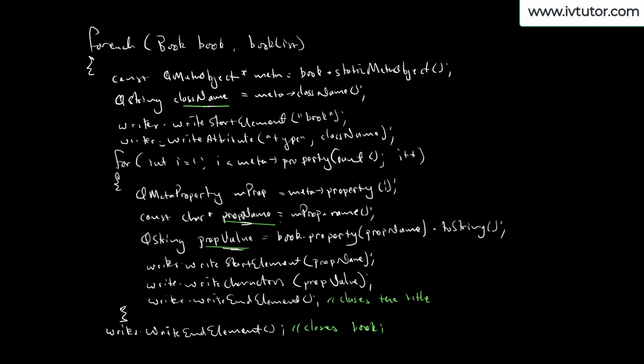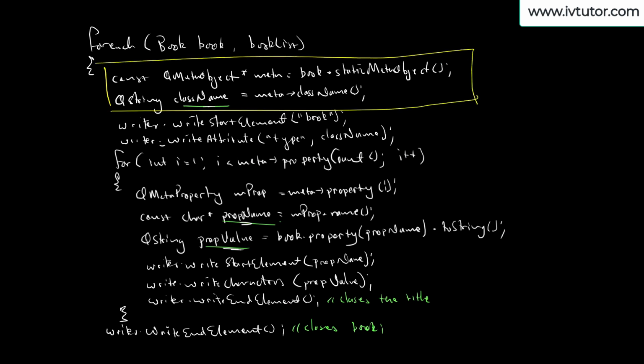That's generally what you are doing. So you're using reflection to get your meta property and your class name. You are using XML to write your book tag and its attribute. Then you use reflection to get your property names and values.